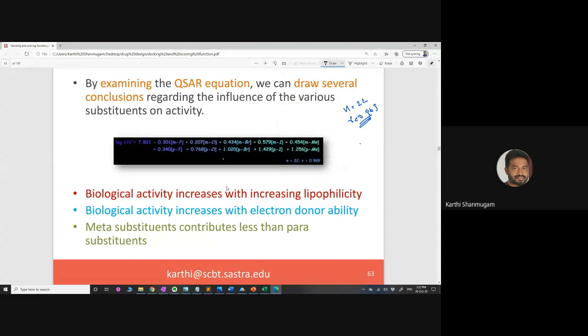Here we have F, Cl, Br, I, and Me. So totally, how many functional groups do you have? 1, 2, 3, 4, and 5 functional groups, right? You know what is meant by lipophilicity, right? Can someone define what lipophilicity is?